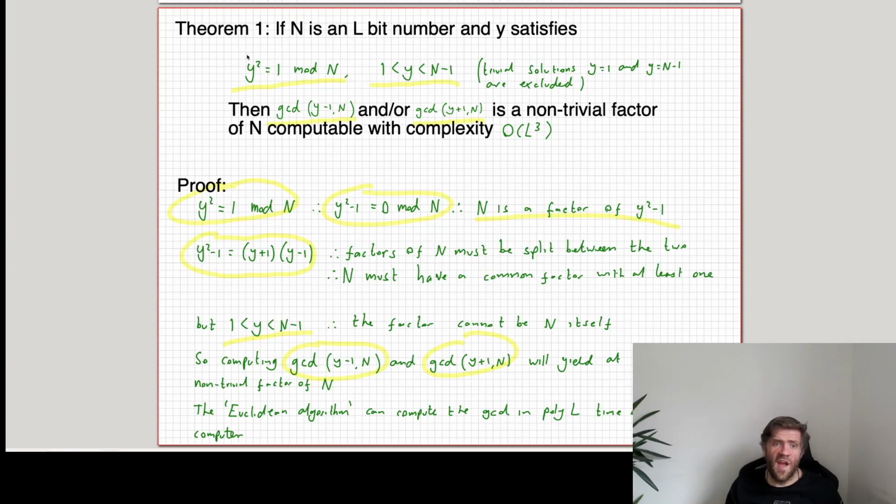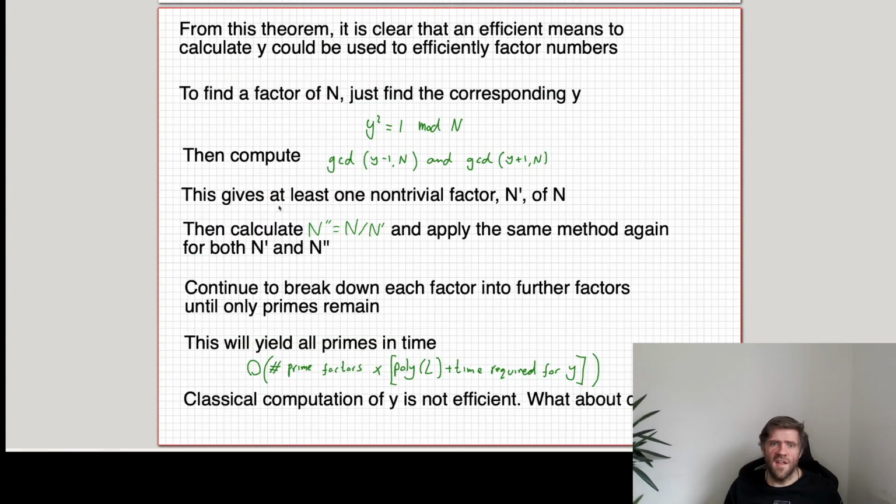So as soon as we have a y which satisfies this, where n in this case is the number that we want to factor, we can use this to calculate a non-trivial factor. Using this, we just need to find that y and then compute these greatest common divisors and keep on breaking the number down into its factors to get everything.